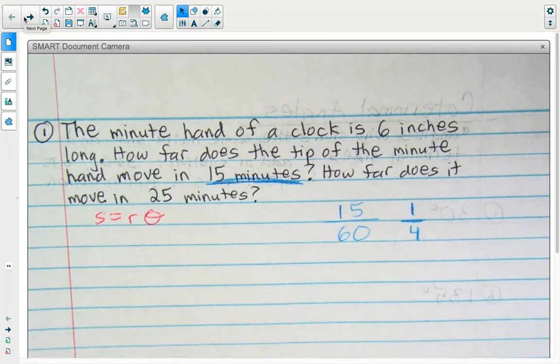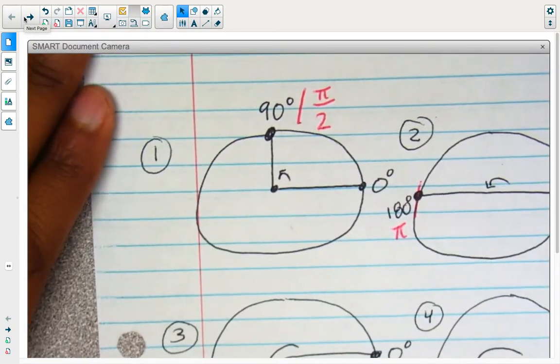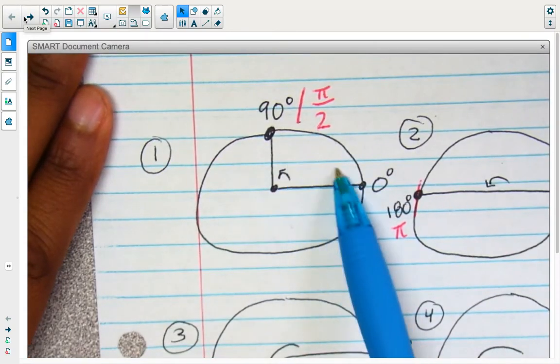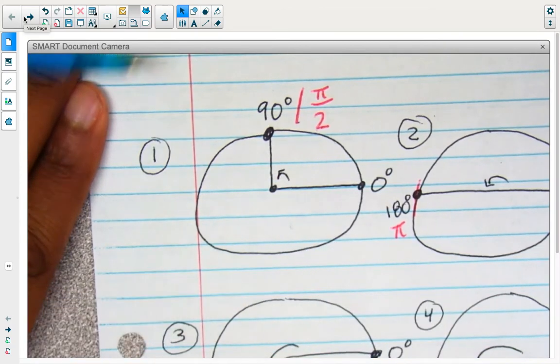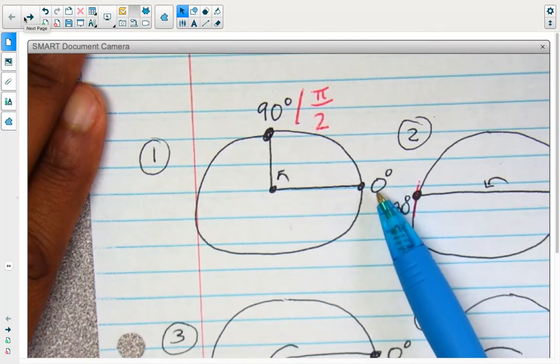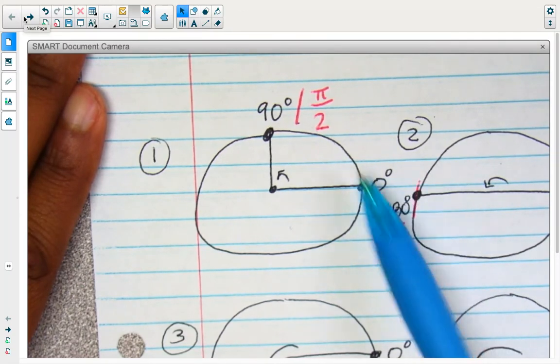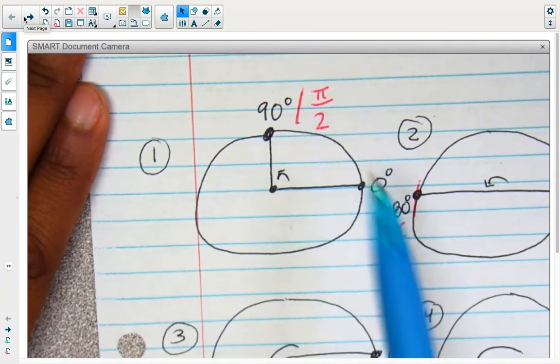So 15 over 60 reduces to 1/4. Now, earlier we saw that 1/4 is pi halves of the circle. So let me go back to my picture that's down here at the bottom. This is 1/4 of the circle. This is a fourth, that's a fourth, that's a fourth, and that's a fourth. So 90 degrees is 1/4 of 360, but we're using radians today. So instead of using 90 degrees, in radians it is pi halves.